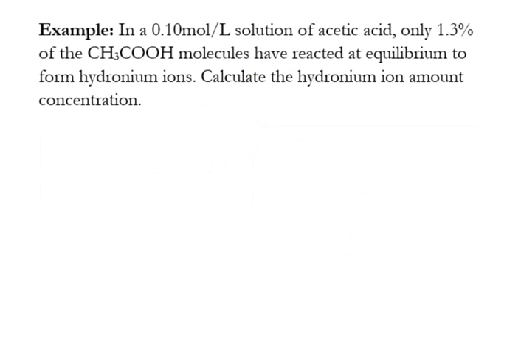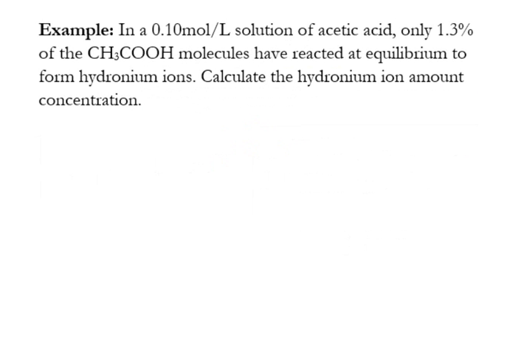So let's use acetic acid here. Here's acetic acid. Let's say that I give you a 0.10 mole per liter solution of acetic acid. But I tell you that acetic acid is weak.